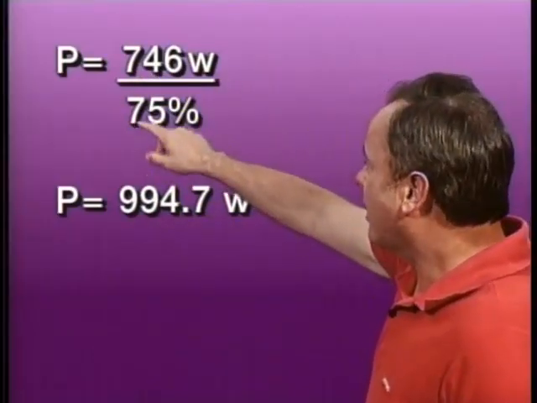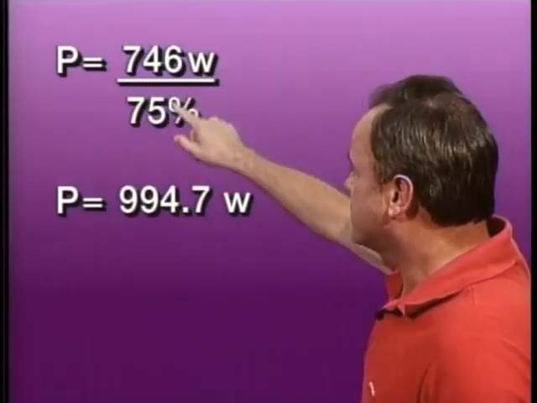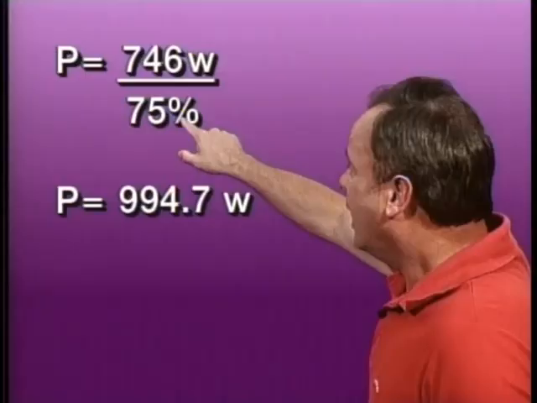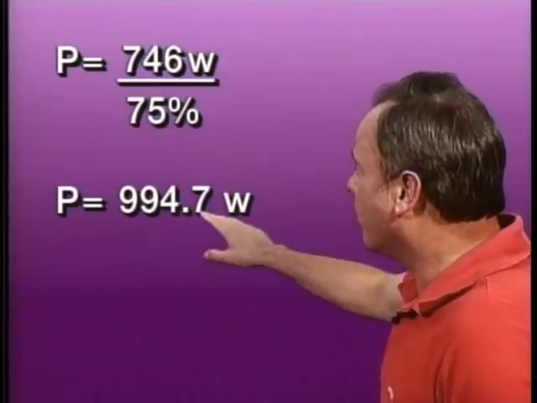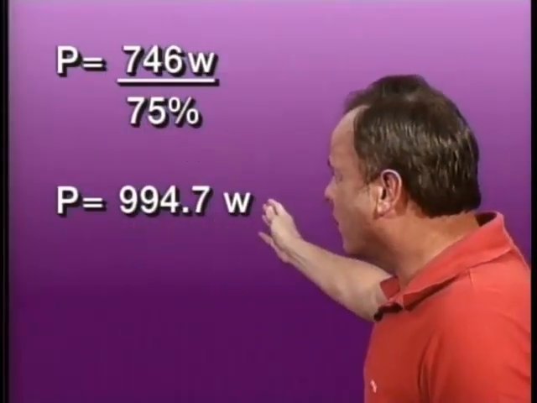But in this particular case, we're told it's 75% efficient. So all you have to do is take that 746 watts divided by 0.75, and you're going to find out that it's going to take about 1,000 watts to produce 1 horsepower, actually 994.7 watts, and you have produced 1 horsepower, and that is a case of being very tricky.